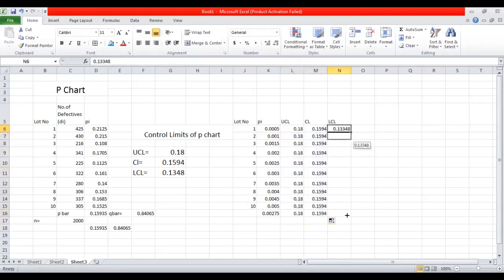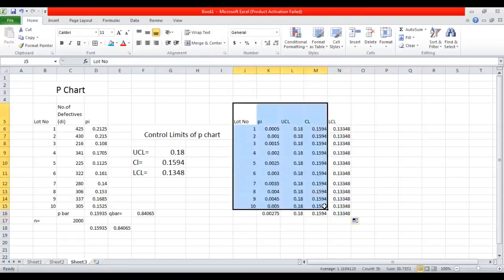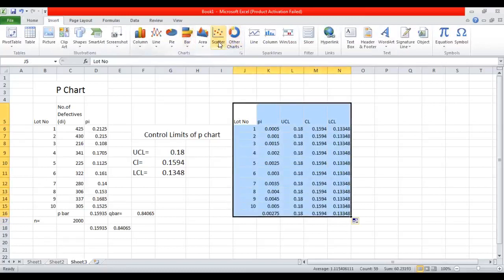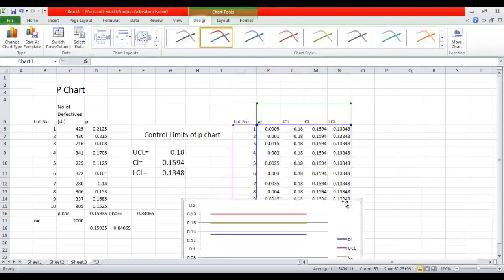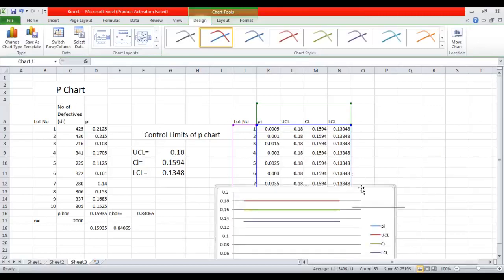Now select all the values, insert, scatter, select any type of chart. One second.